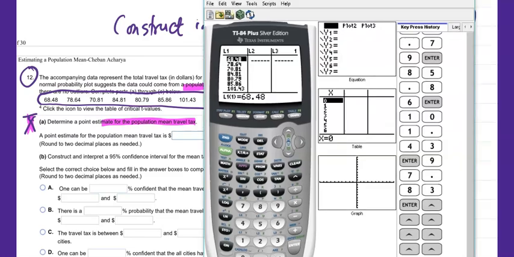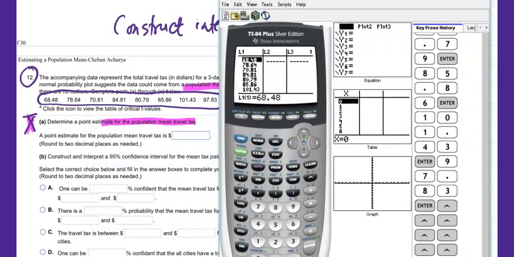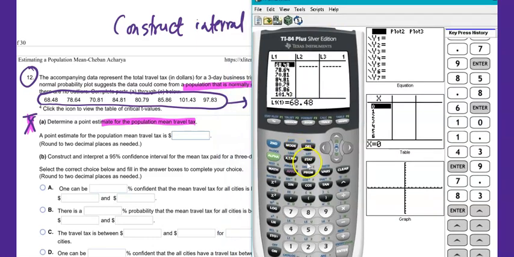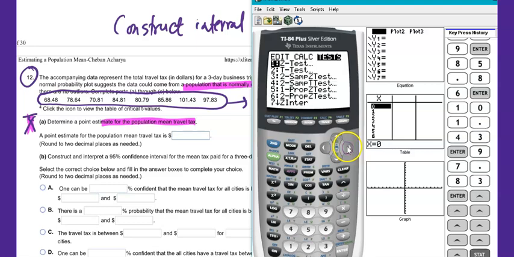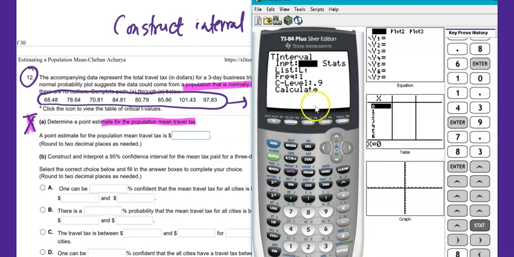I'm going to use STAT, TESTS, number 8, the same one, to find the confidence interval for the population mean. But since I have data, not the stats option, in this particular question, if you have data, you choose the Data option by scrolling with the left and right arrows. Now Data is highlighted, you press enter.